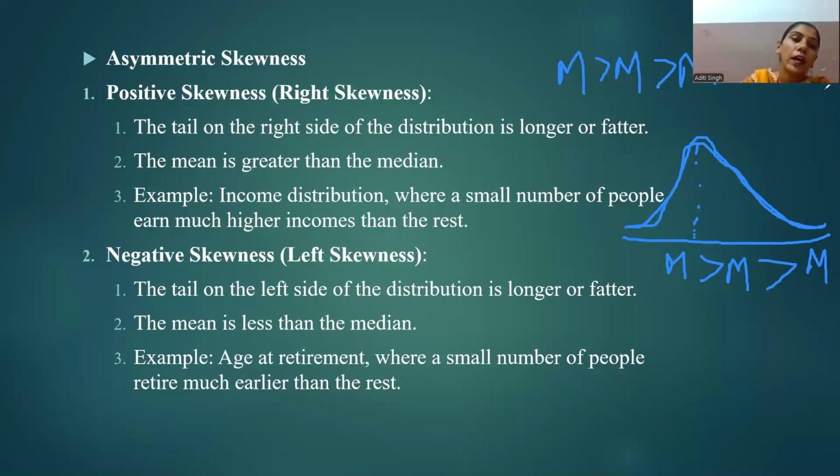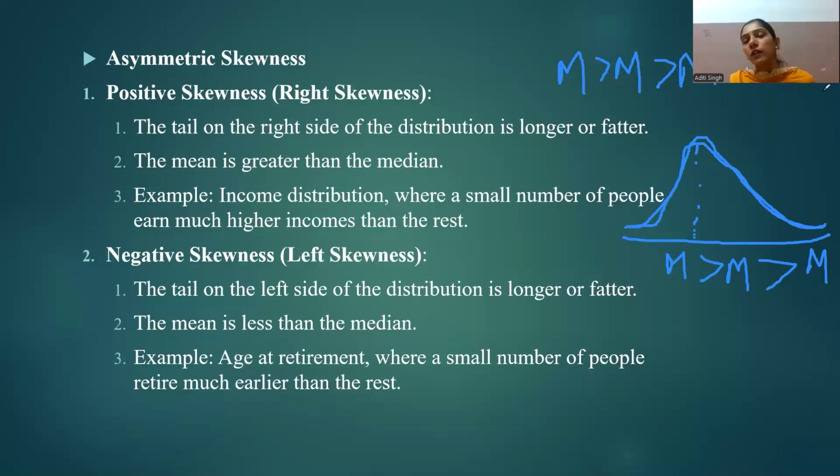If we have to understand it with the help of an example, let's consider household income. In a household income distribution, most people earn around a median income, but a few individuals earn significantly higher income, which creates a long right tail.